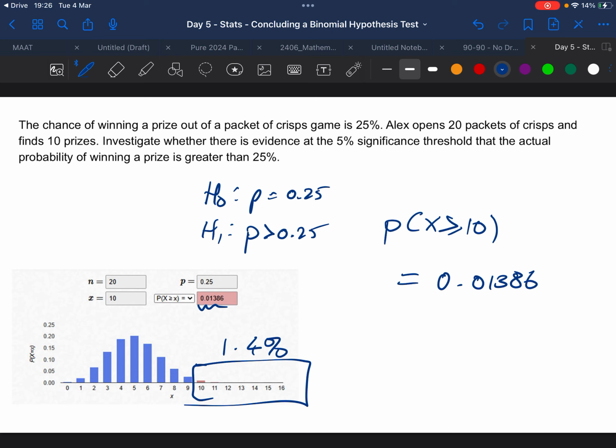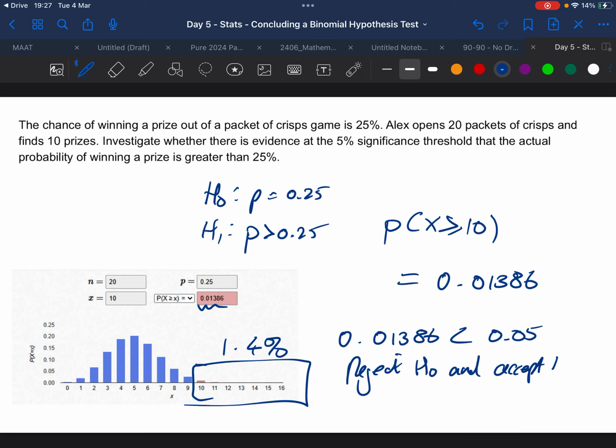Because this is more special than happening just 5% of the time by chance, we're going to reject what we have been told. We're going to reject H0 and we are going to accept H1. Always refer to H0 in your conclusion.